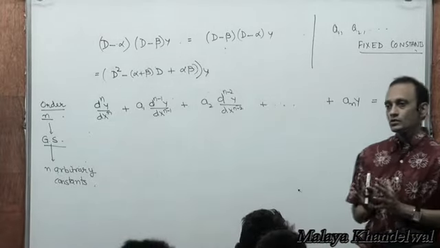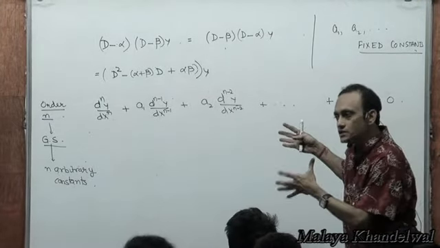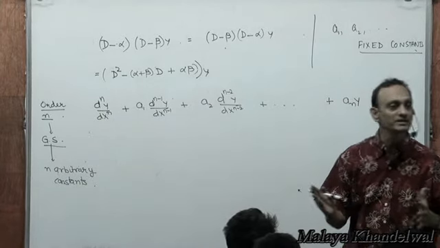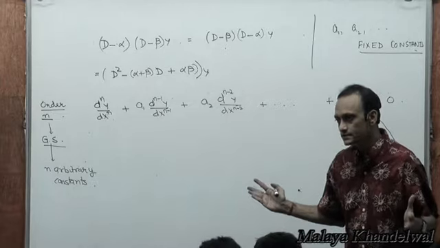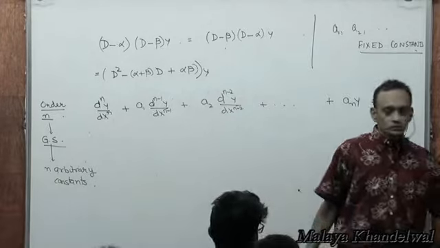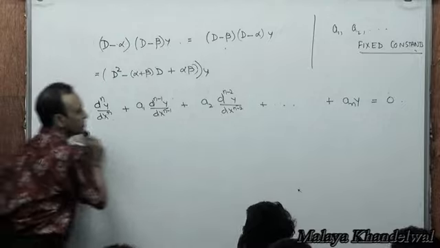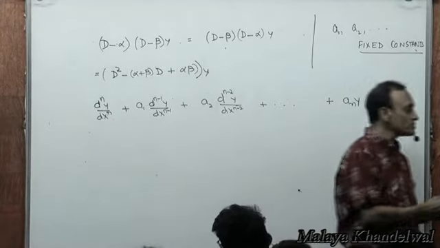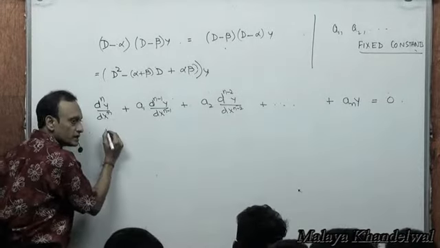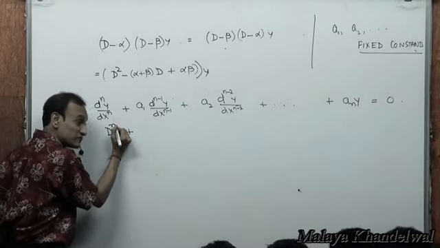Now, assuming you have become familiar with the operator D, I'll now take recourse to using D. That will save us some time and space while writing all of this. So in terms of the operator D, d^n means differentiating n times.